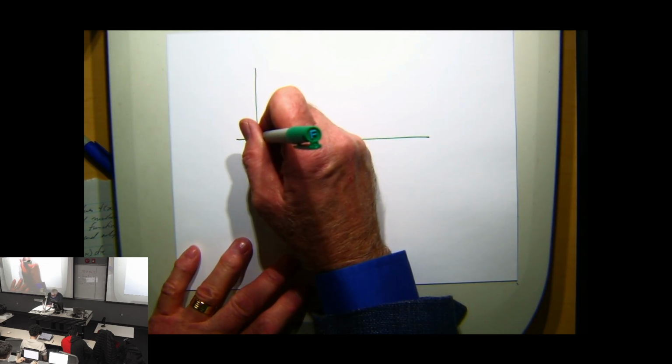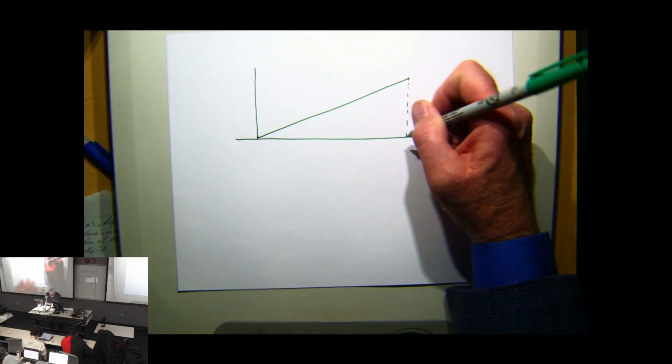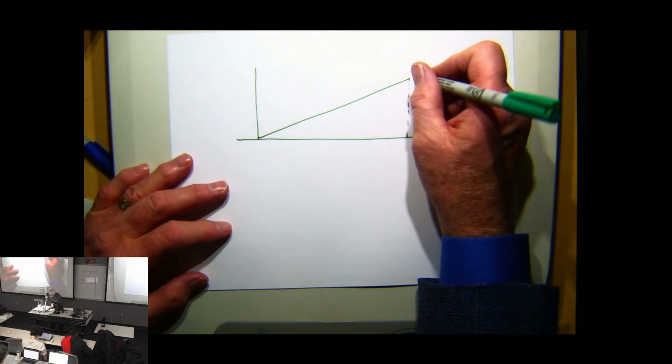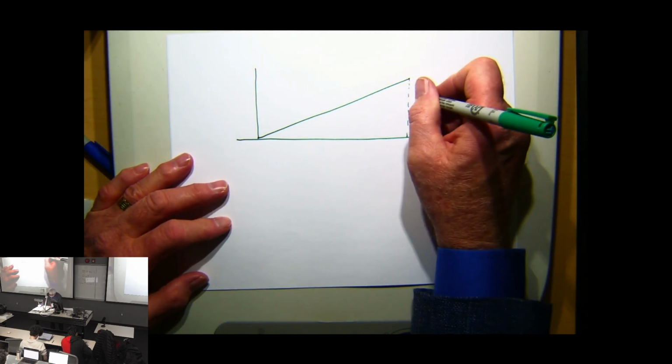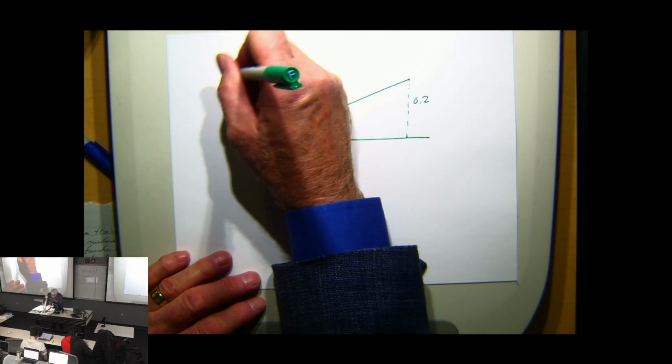And I'm going to draw a little sketch here. I'm going to tell you that the length of this here is 0.2. And this is f of x.